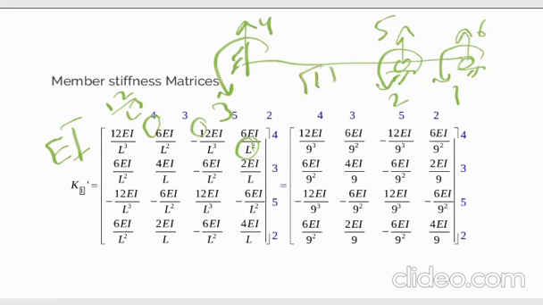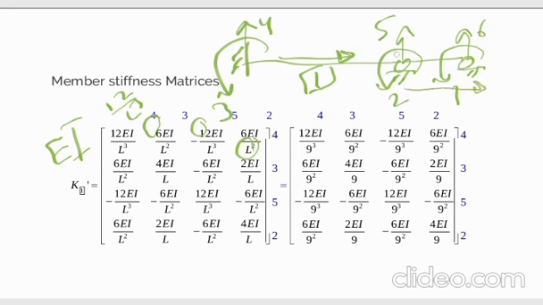As we learned in the previous videos, you take members one by one. In this one we have member number 1, and this is the direction, which is the near point and which is the far point.